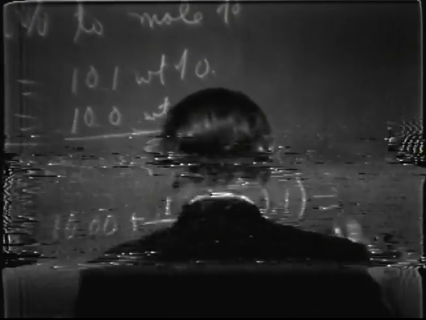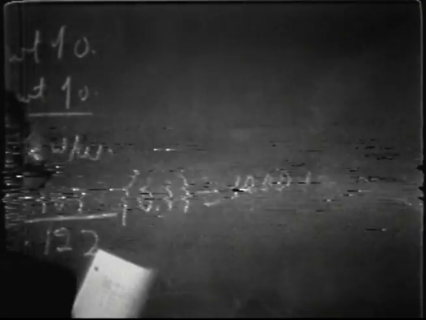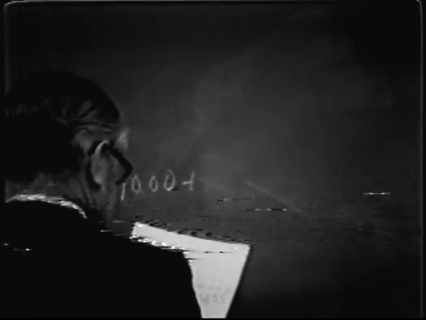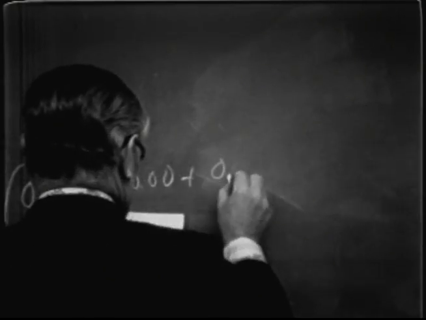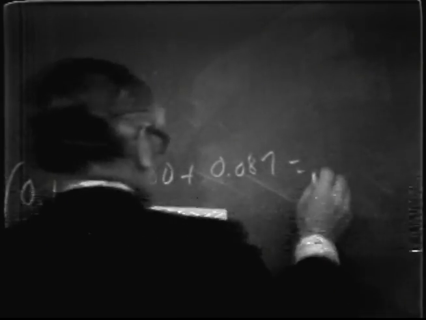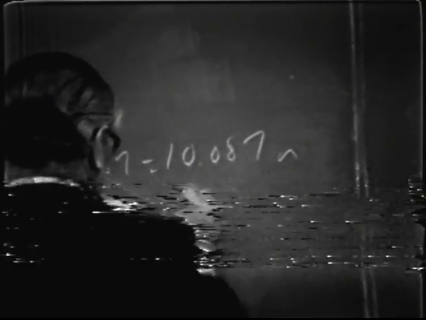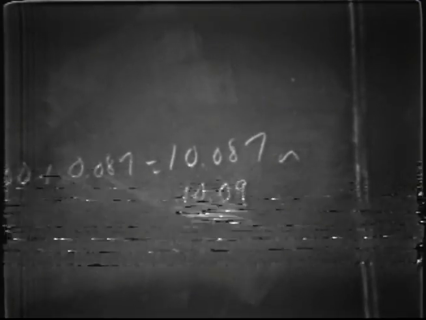Multiplying this out, 10.00 plus the value of this fraction comes out to be 0.087, or in other words, the answer is 10.087, or 10.09 to the nearest value, weight percent.